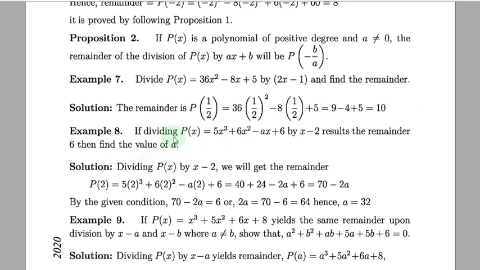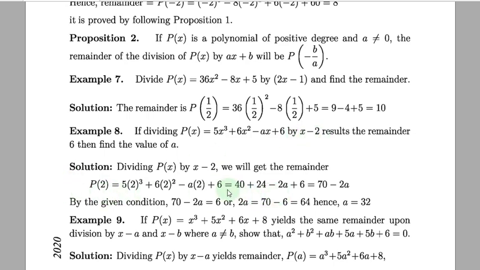Another example: if dividing p(x) by x minus 2 gives the remainder 6, then find the value of a. In this problem you need to find the value of a, which is unknown. At first you will use the theorem. You will find the value of p(2) because it is divided by x minus 2.